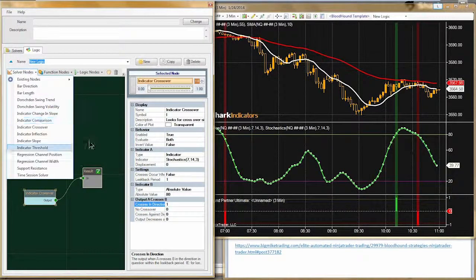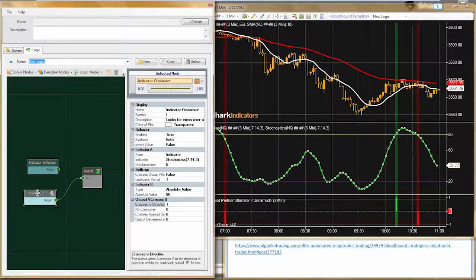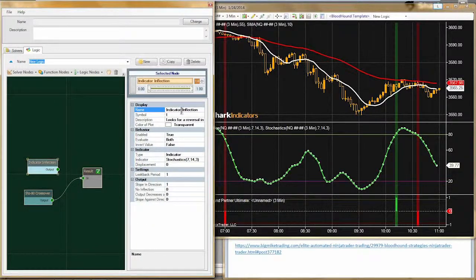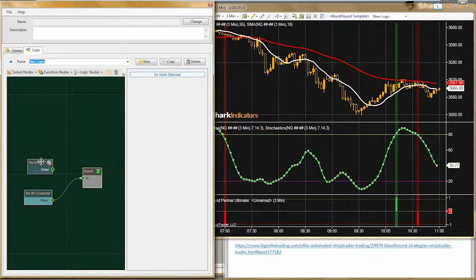And oops, before I get too far ahead of myself, I should name these. And oh, you know what?